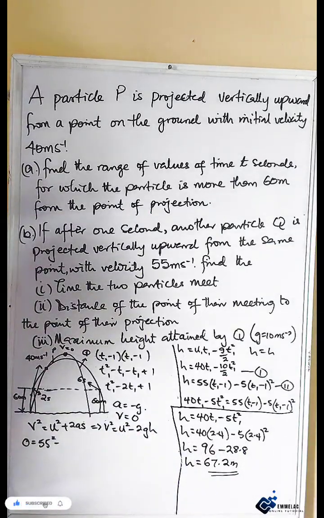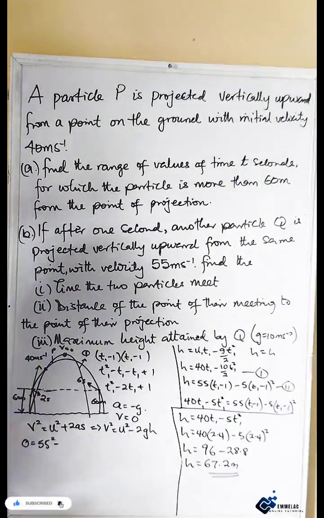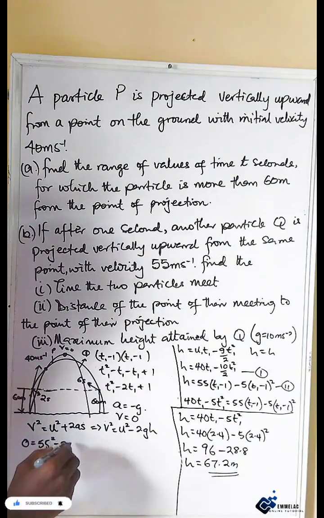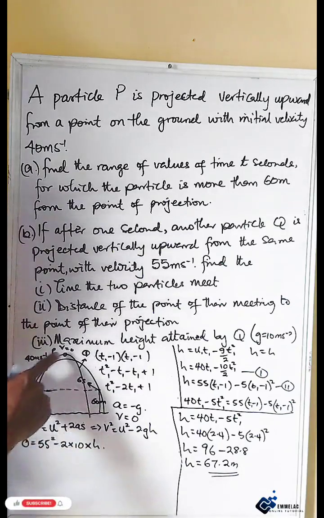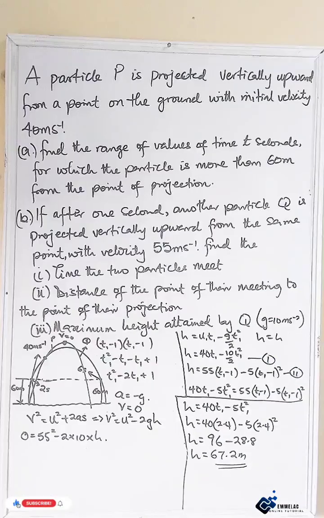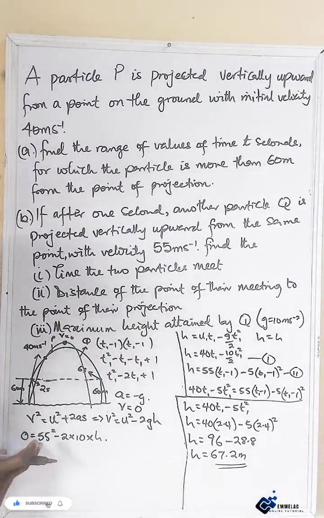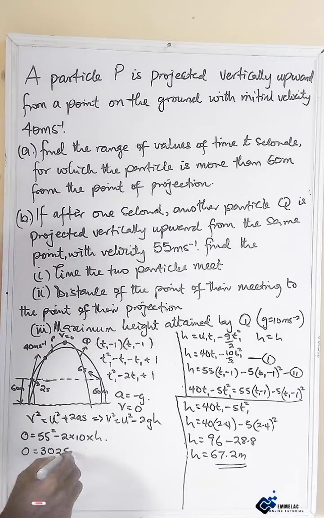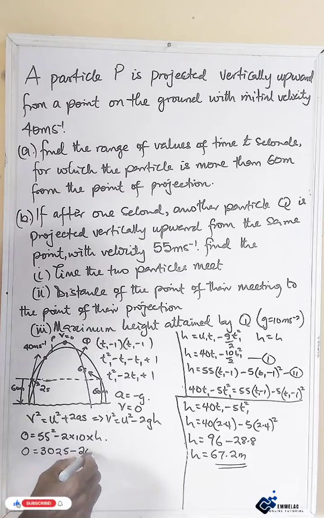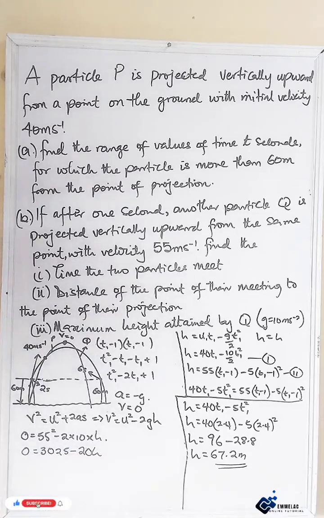To this point here now, we have 2 times 10 times h, which is the maximum height. So here we have 55 squared, this should give us 0 equals 3025 then minus 20h.